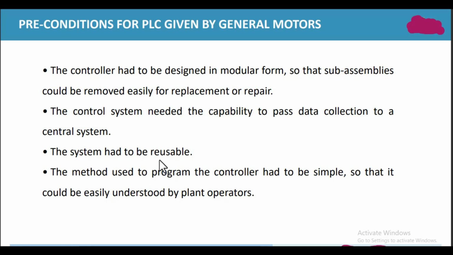The system had to be reusable. Once programmed, if we remove the previous program, the next program can be installed in it very easily. The method used to program the controller had to be simple so that it could be easily understood by plant operators. The programming method and operating method should be simple and easy for the operators.